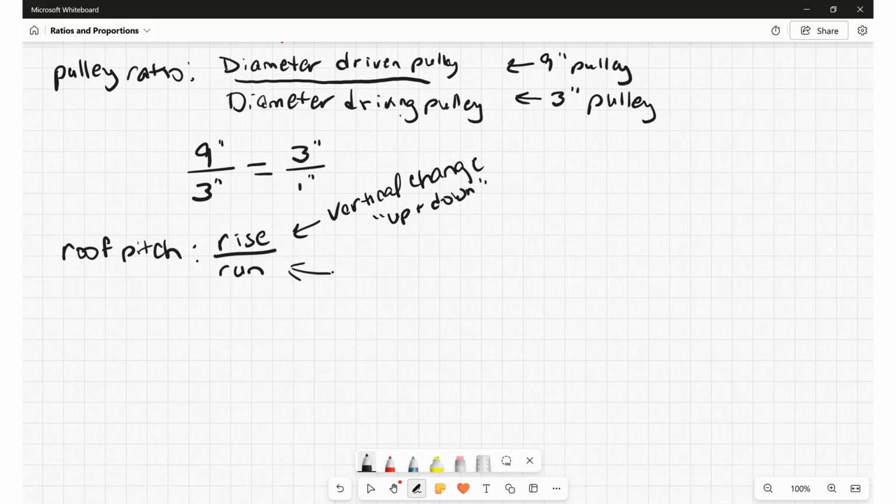And run is the horizontal change. Or we could say side to side, or maybe left to right.